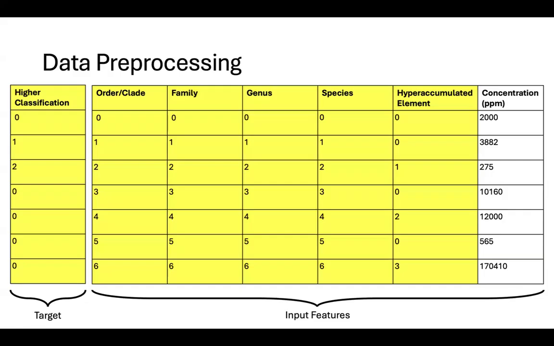The algorithm doesn't work with labels with letters very well, so we actually have to pre-process the data and convert all of the word labels into number labels. So that's what has been done here. And for our actual evaluation, the target variable will be that higher classification.